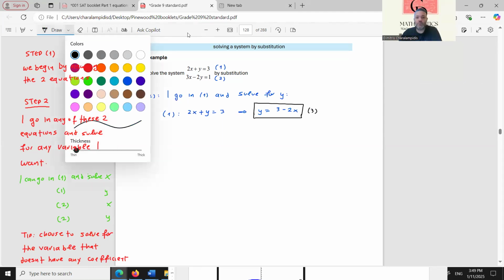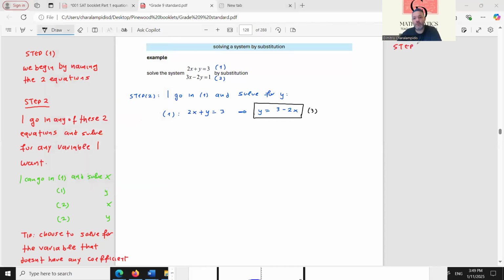Then it's time to move on to the next step. That is step 3. Go in the equation you didn't use in step 2 and substitute 3.